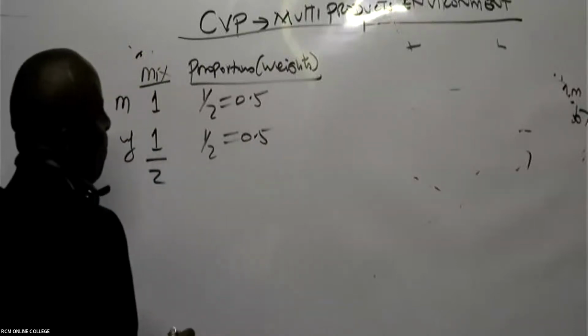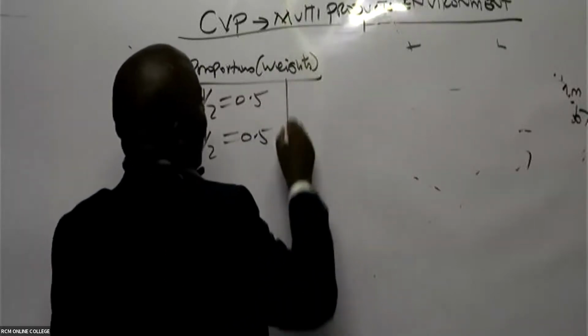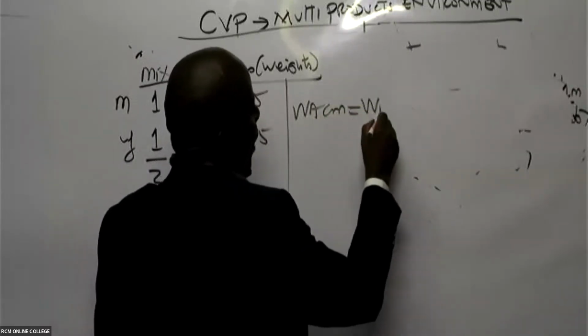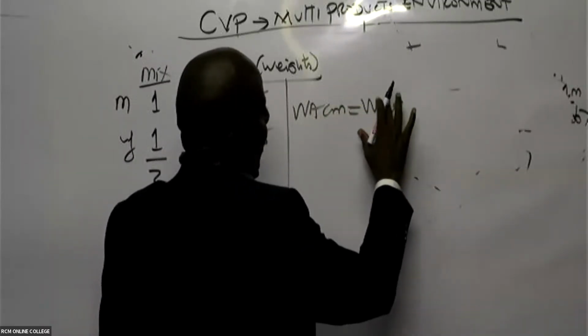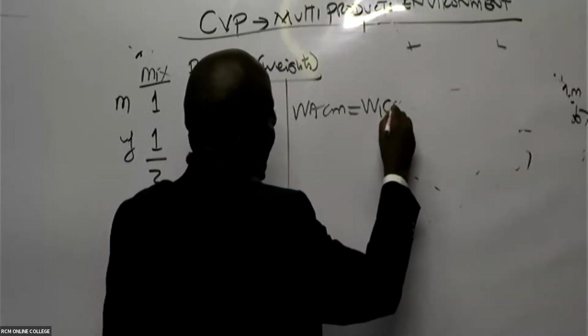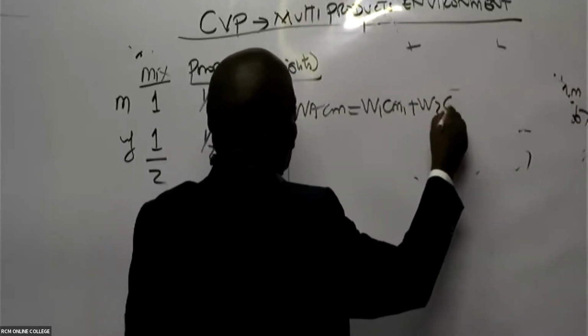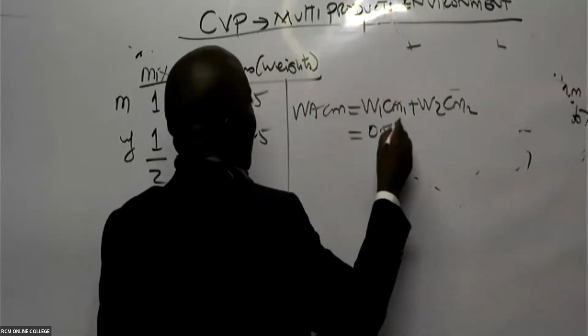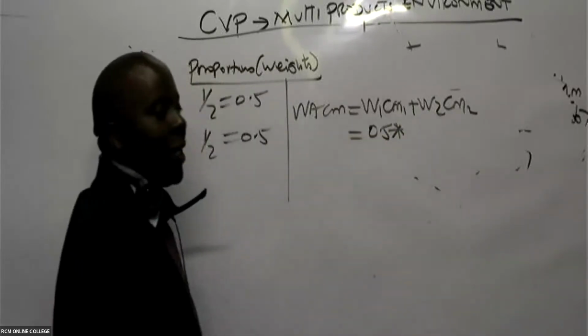Is that okay? And now remember, how do we get WACM? To get WACM, we take weight 1 times contribution margin 1, plus weight 2 times contribution margin 2. The first weight is 0.5. Contribution margin 1, you guys had given me a figure.